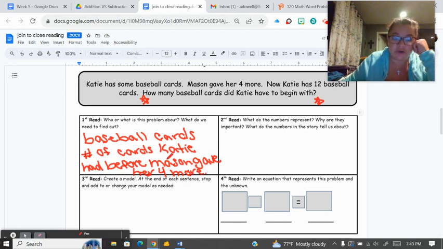All right, so yours should match mine or be somewhere close. So let's look at the second read. So what do the numbers represent? Why are they important? And what do the numbers tell us about the story? So go ahead, pause the video, and think about and work together to find out what those numbers mean and what they are.